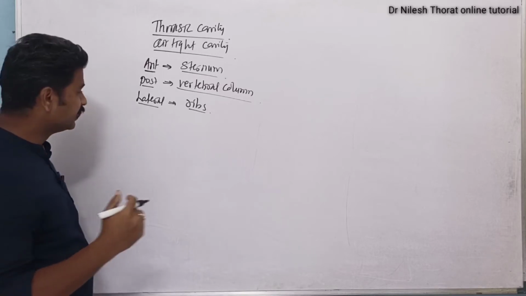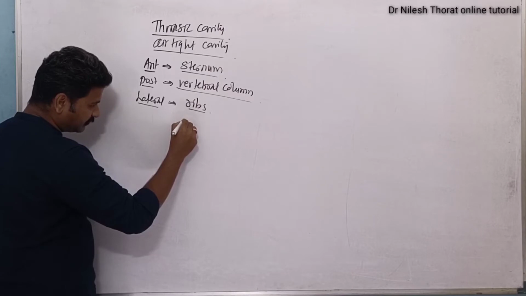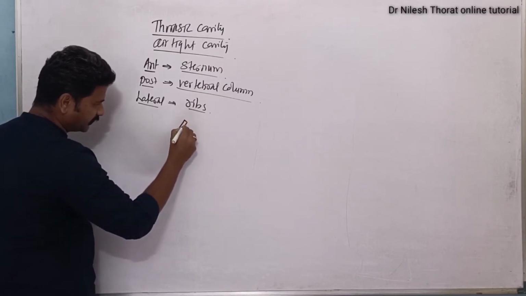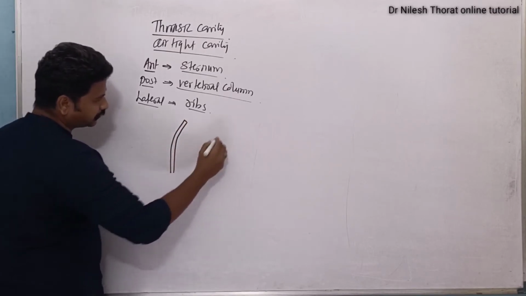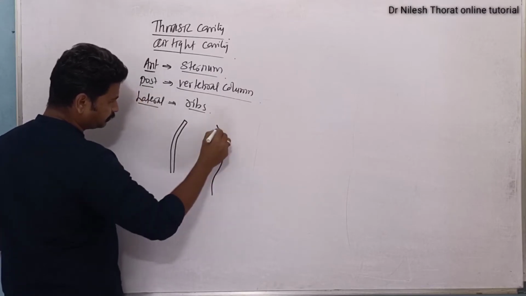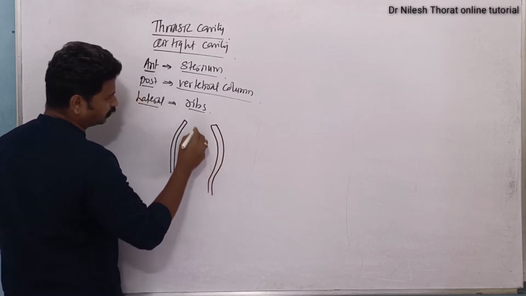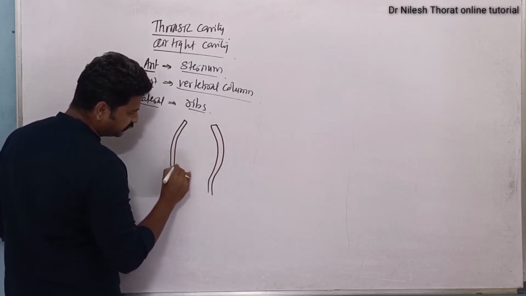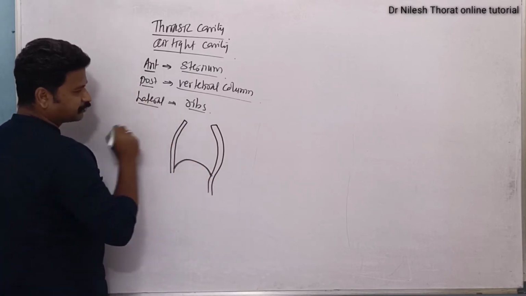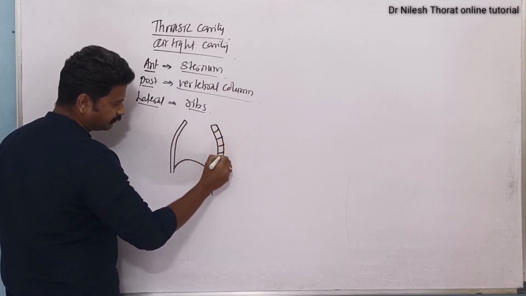the help of the diaphragm. So if we draw the lateral diagram, then here we can visualize a sternum. Then on the posterior side we have the vertebral column, and on the inferior side we have a dome shaped muscular diaphragm. So this is a thoracic cavity. These are the vertebrae on the back side.